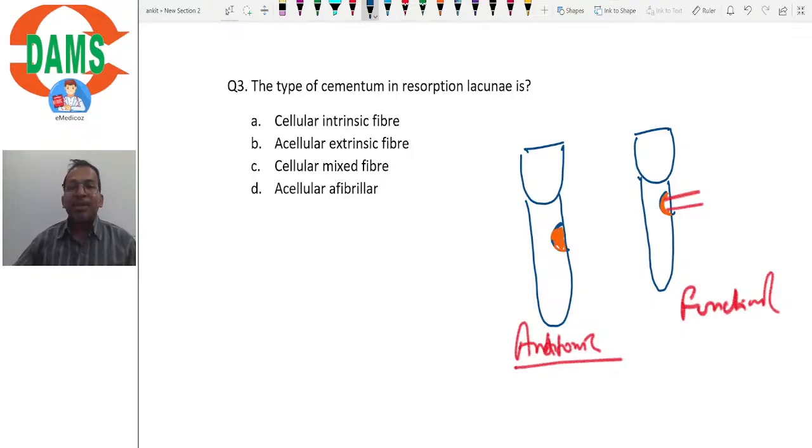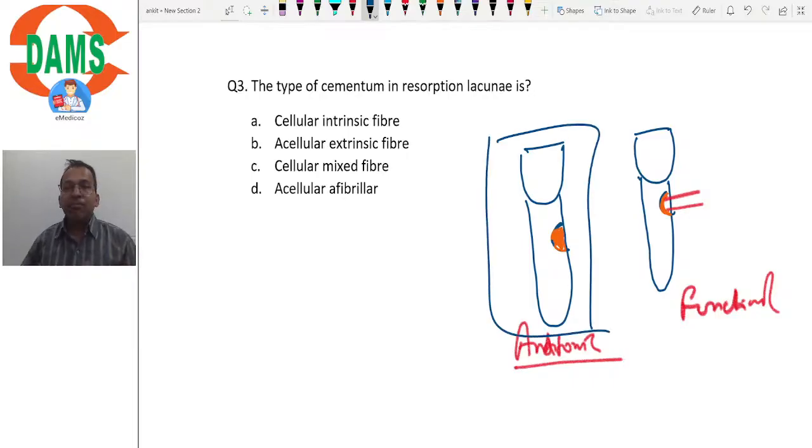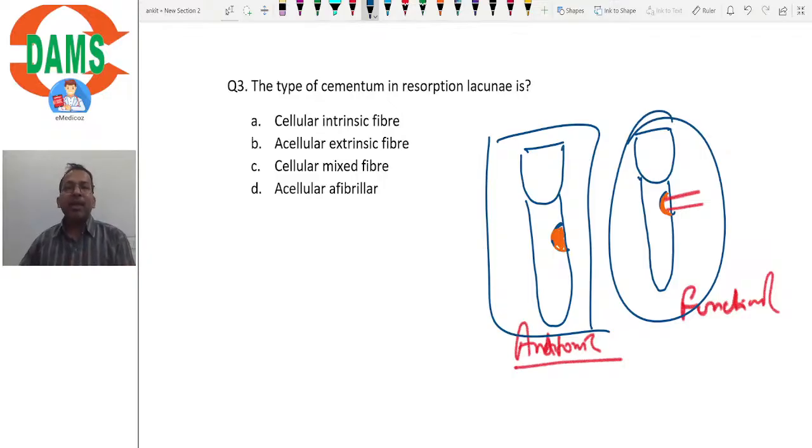Now we are not considering the functional repair, because according to the options, anatomic repair seems the most likely condition here. In case it was a functional repair, you cannot predict whether it is acellular intrinsic fiber or cellular mixed fiber cementum. Both might be present here.